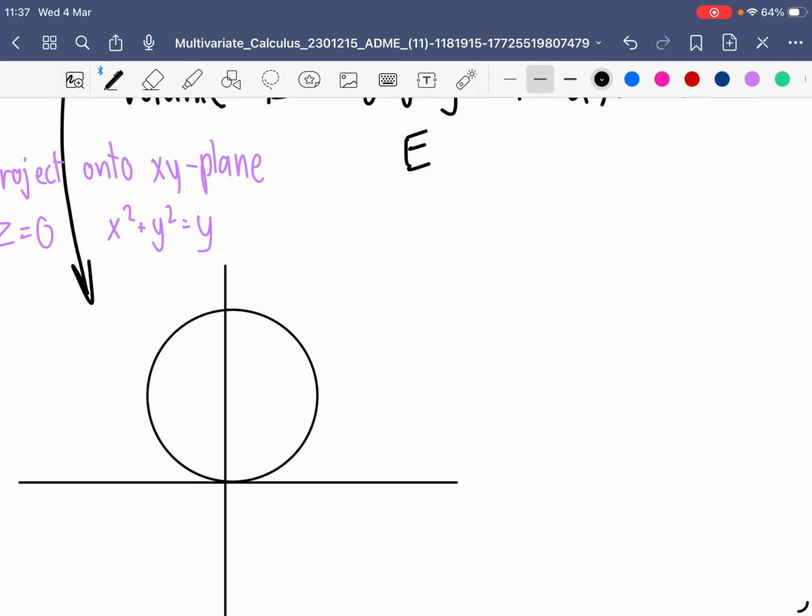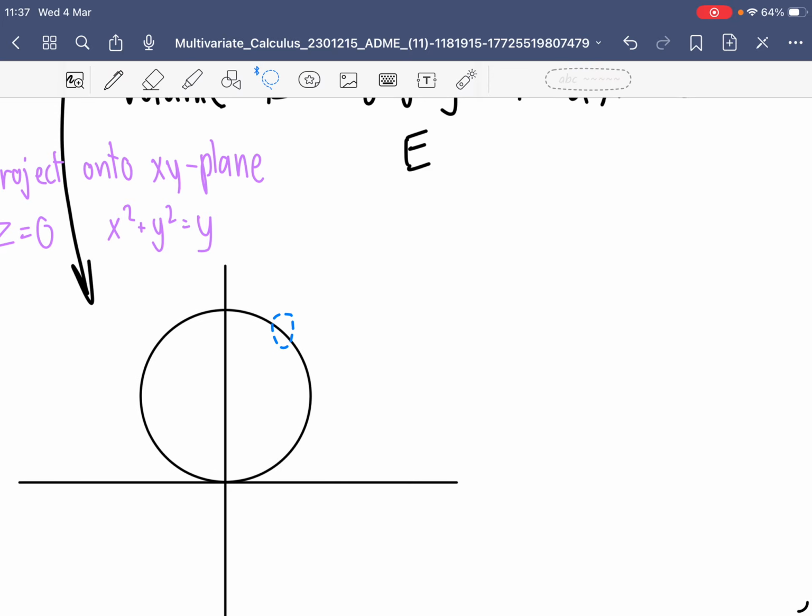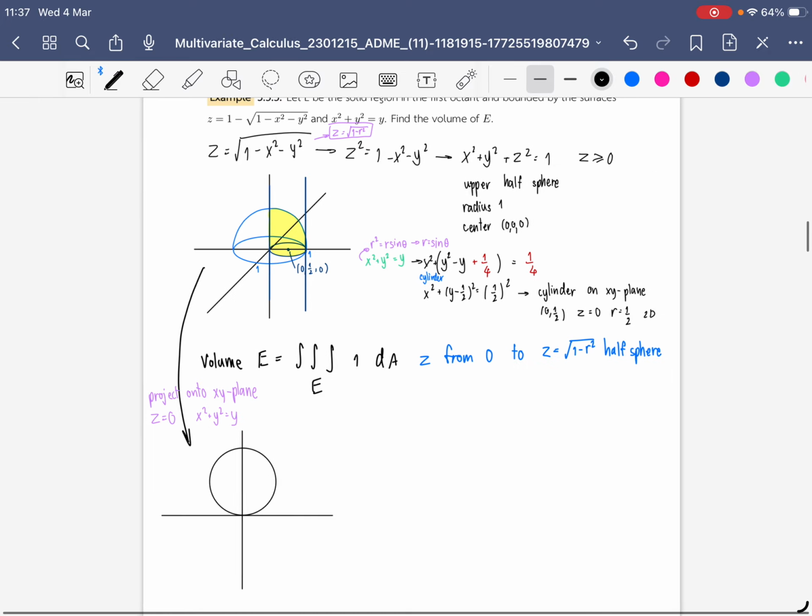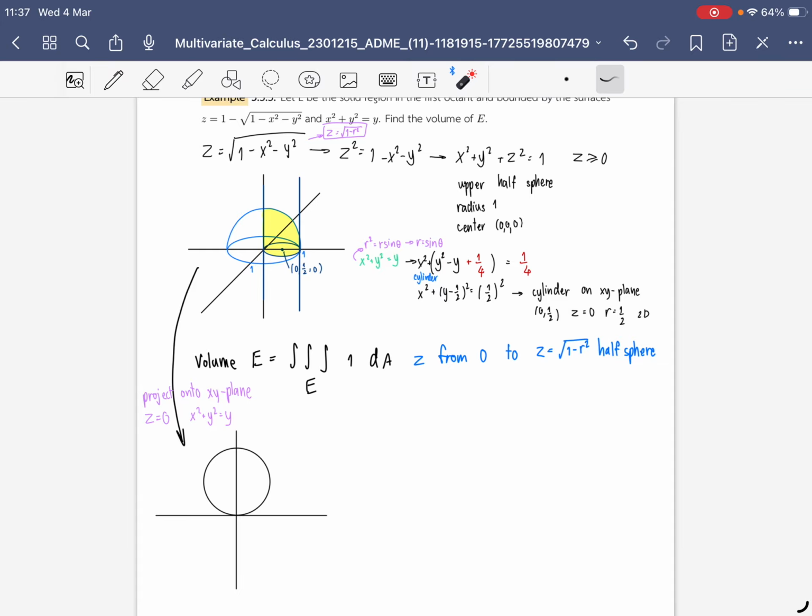For this one, your circle, the center is not 0 anymore, right? The center now is at x equals 0, y equals half. The radius is 1 over 2, and your circle is touching the x-axis, and at y equals 1.